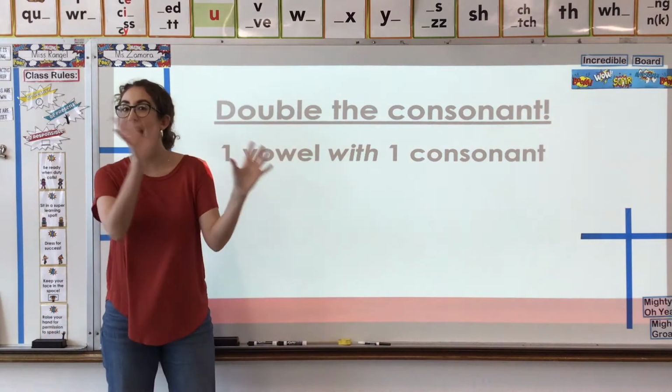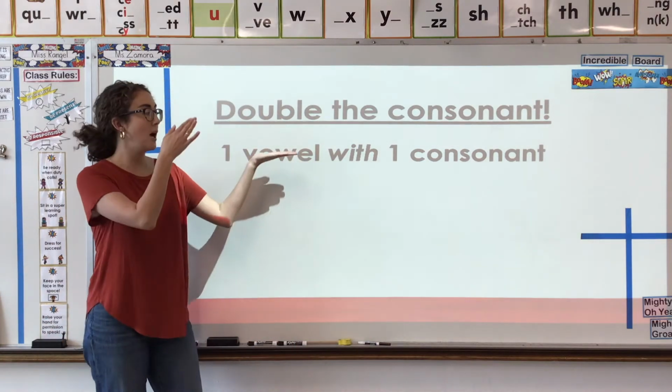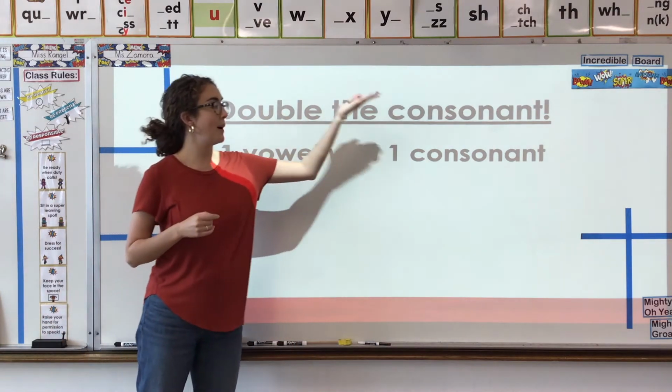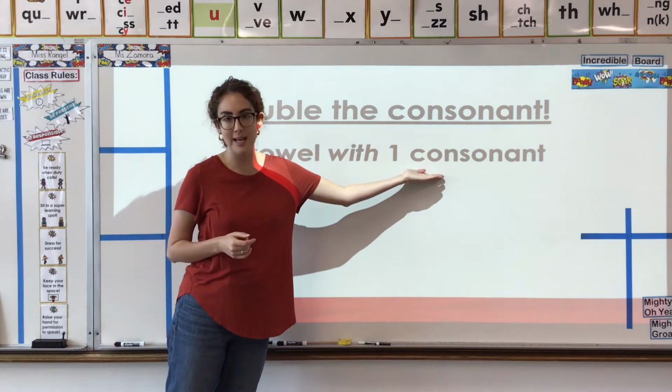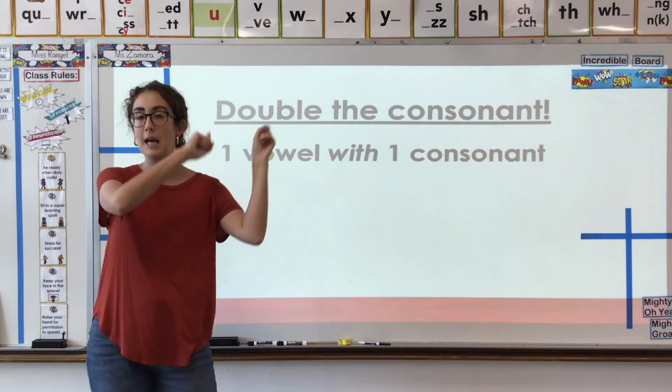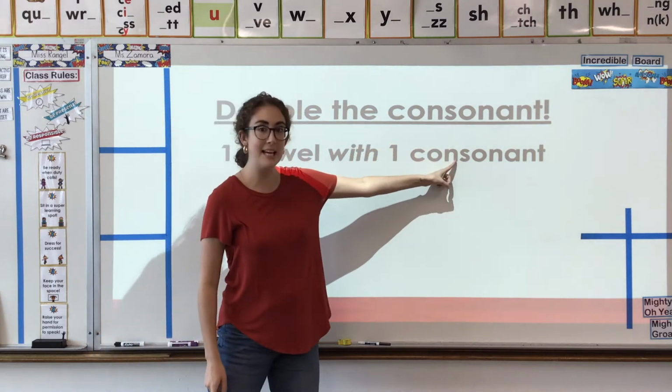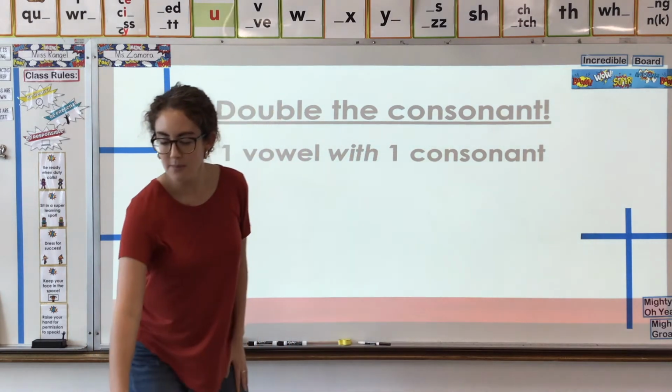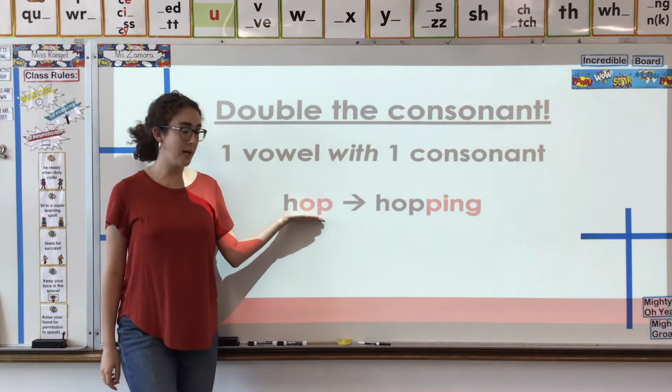So towards the end of a word, if we see one vowel followed by just one consonant, then our job when we're adding a suffix is to double the consonant that we see. For example, what's this word?